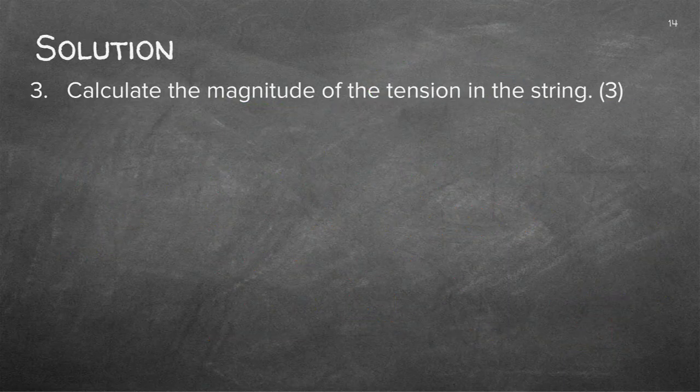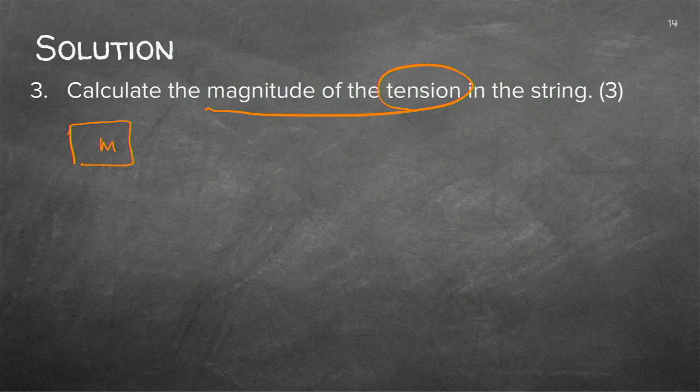In a second question, they want me to calculate the tension in the string. And again, you've got two masses. You've got a mass there, and you've got a 3 kilogram block there. With the 3 kilogram block now, we determined the acceleration to be 0.11. So what do we know?